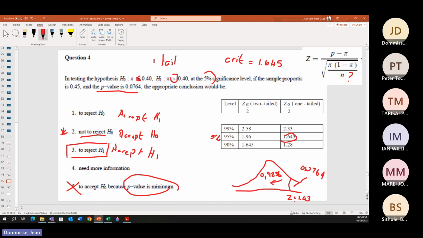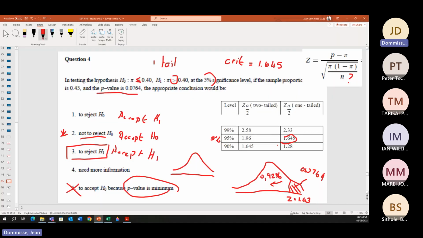So this now takes you back to study unit 6 and 7, where we did probabilities, how to get to certain of the Z values and things like that. So now we can look at this again. We have the t-stat as 1.43. We have your critical as 1.645.